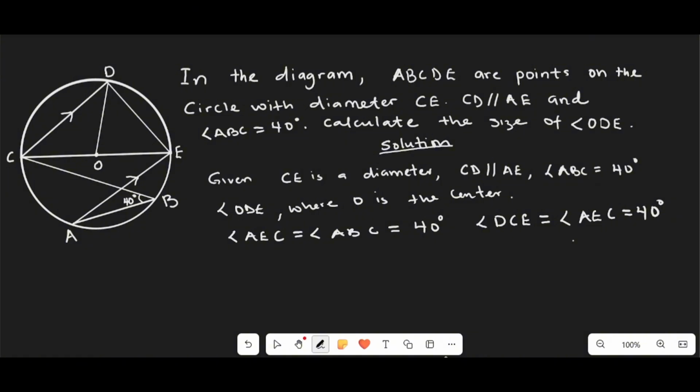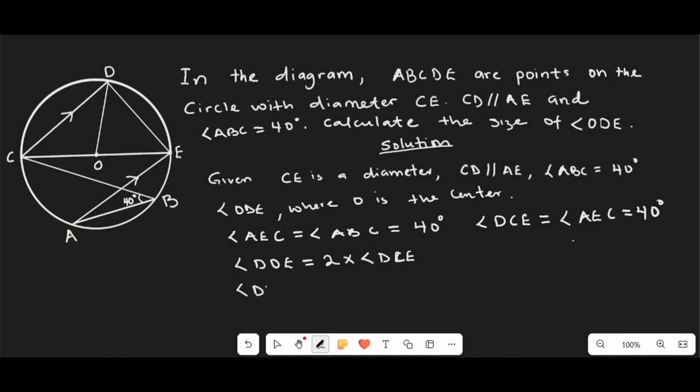So mathematically, we can say angle DOE equal to 2 multiplied by angle DCE.